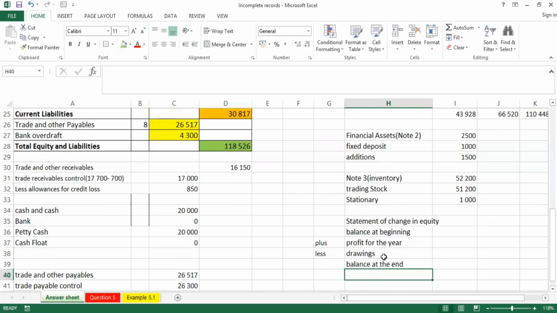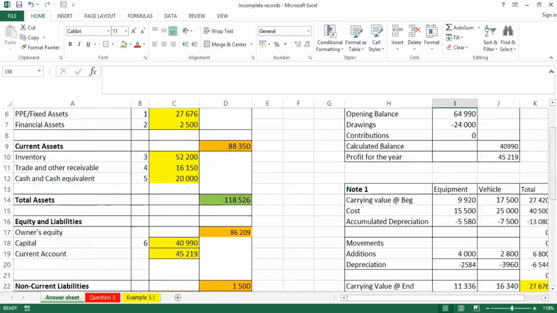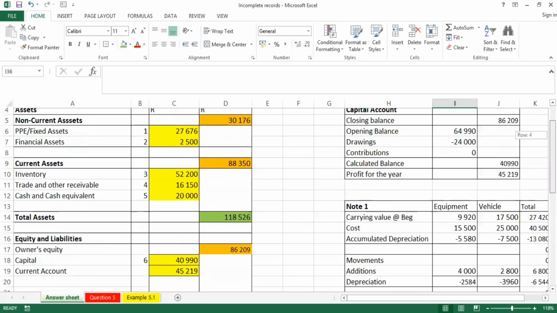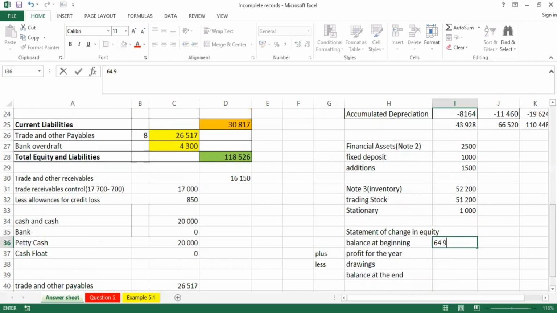So now we have to put in all the amounts. Our balance at the beginning, I've already shown you how to calculate, so let's just take the amount as it is, which is 64,990.